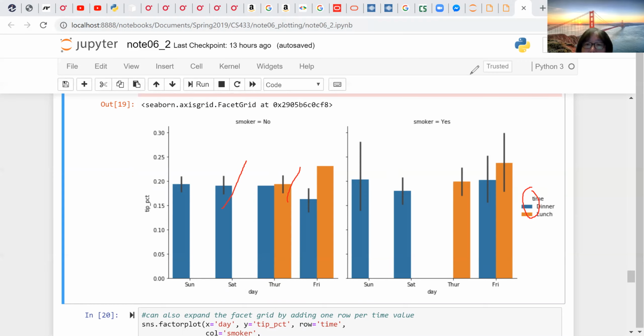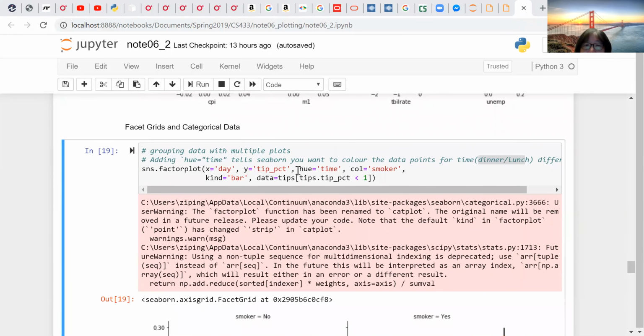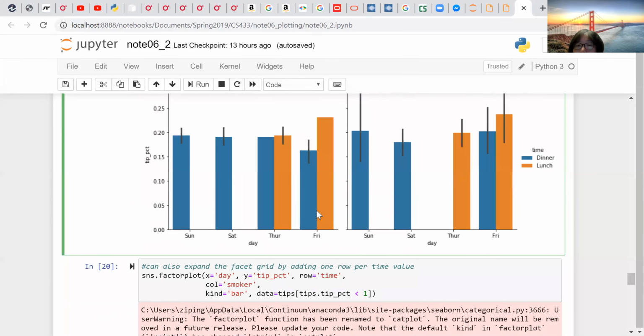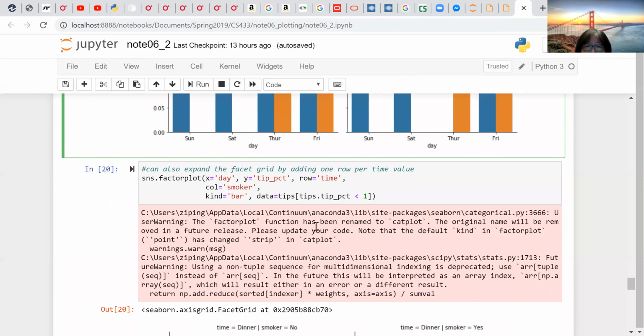So how do we get that? You specify the hue. That hue can further help you do the grouping. So we have the grouping by smoking, and we also use the color difference to show the grouping between dinner and lunch. So this is about the factor plot, the first example.